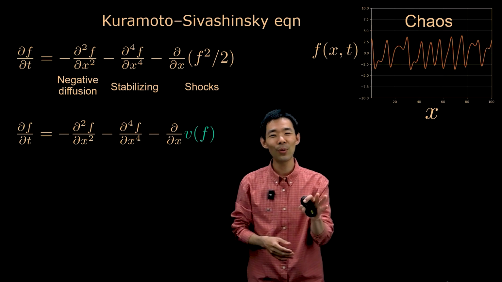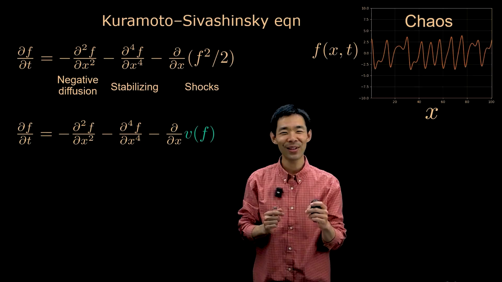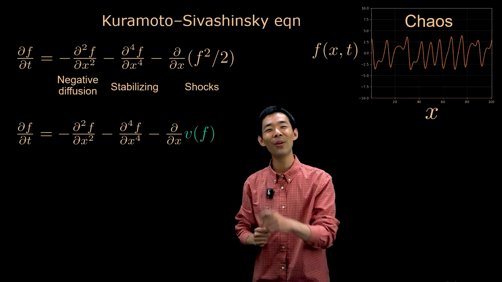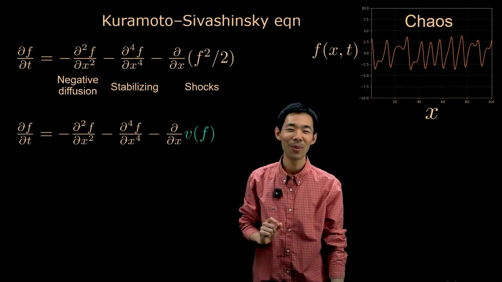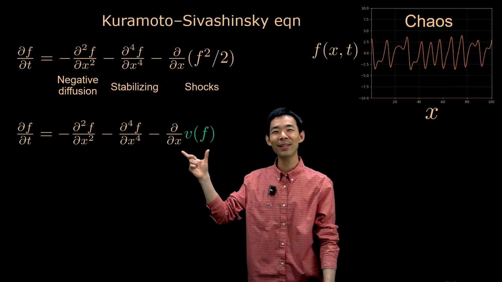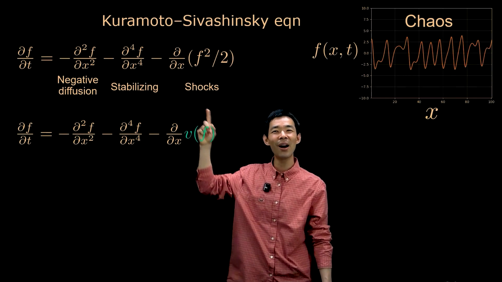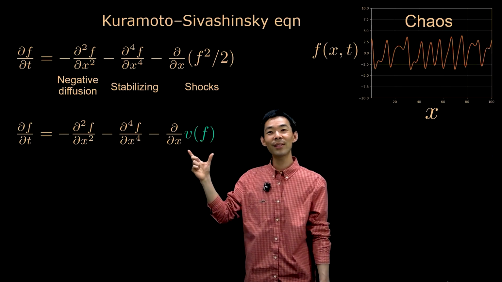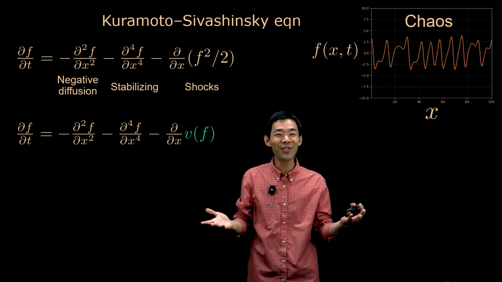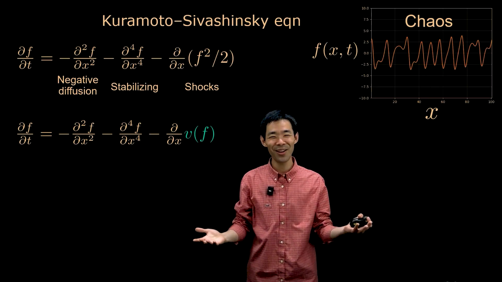This is similar to the reaction diffusion system that we talked about in multiple of these lecture series, where you didn't know what the unknown source term was. Similar to that, in this case, we don't know what this nonlinear term or potentially nonlinear term looks like. This term v is some function of f, unknown.